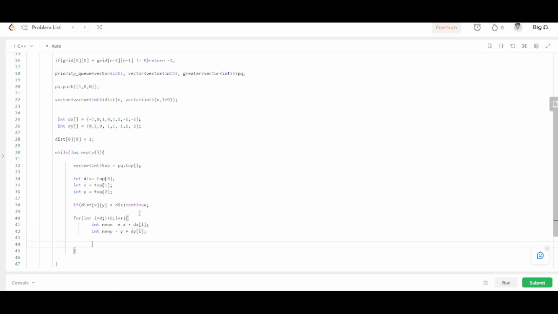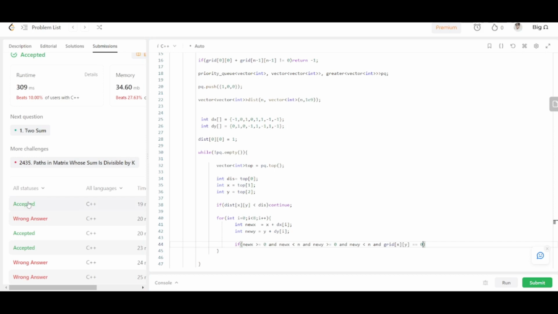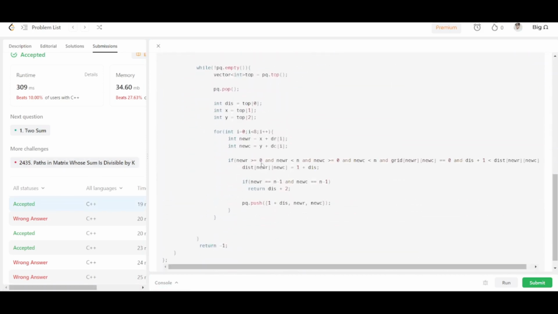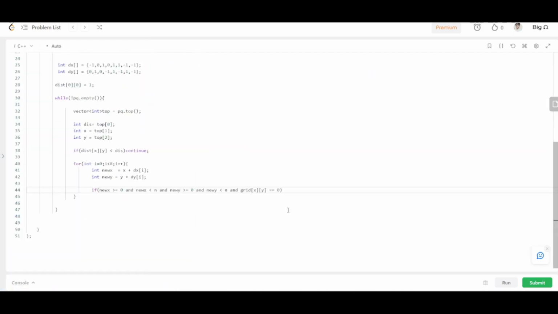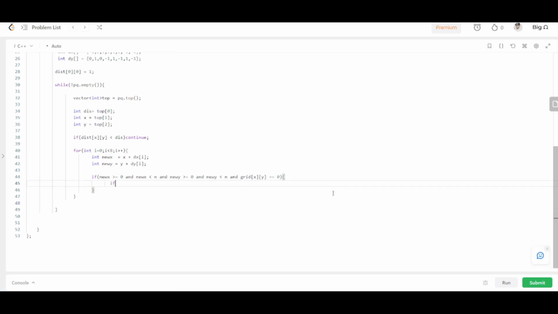Now here check if this new x and new y are within the boundary of the matrix, and if this new cell contains 0, that means the cell is a valid cell.